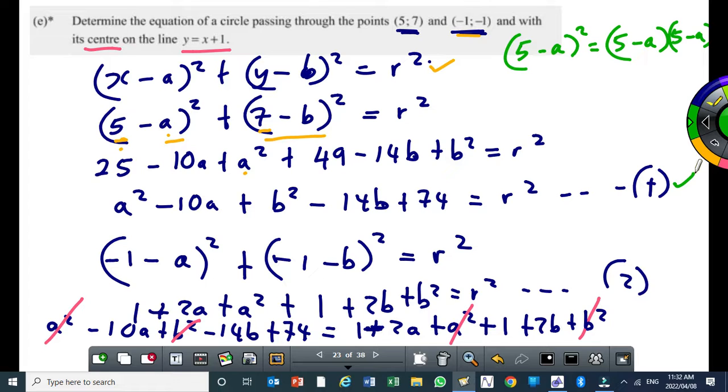In actual fact, if I were to ask you here, how many variables do we have in this equation? How many variables do we have? Is it 2? Is it 3? Or rather, okay, alright. Let's not call them variables.